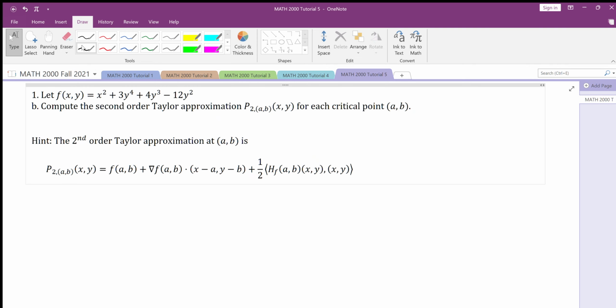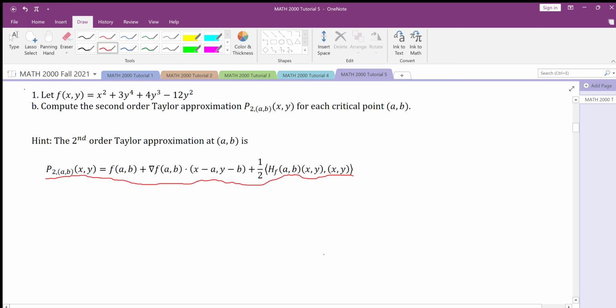Question 1b. So now we want to compute the second order Taylor approximation for each critical point (a, b). From lecture you should have learned that the second order Taylor approximations look like this for all possible (a, b). In this specific example, we consider what happens at critical points (a, b).